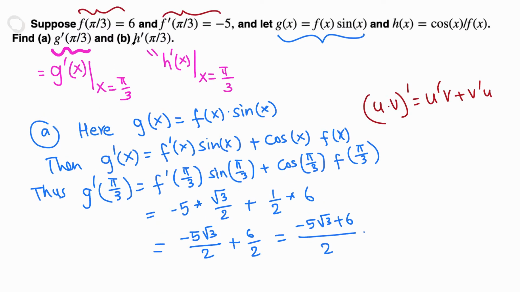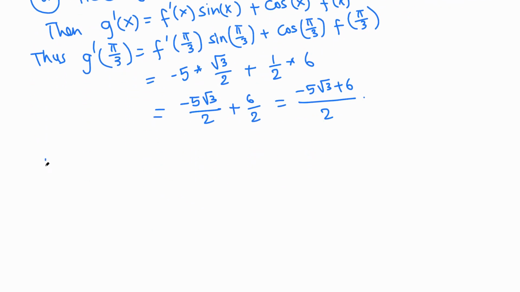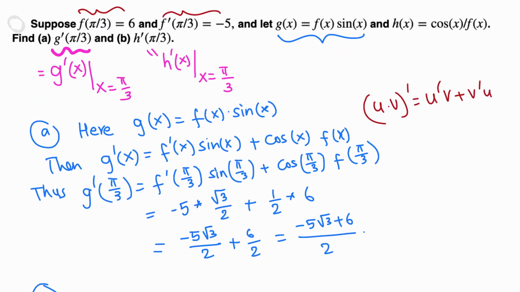Okay, now in the same way we need to find h prime pi over 3. So we need to start with the h function, which is given here. h is given by cosine over f. So I'm going to write this and go from there.